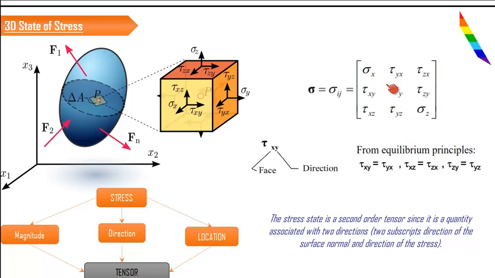The diagonal elements will be the normal ones, sigma x, sigma y, sigma z. And if you take this column as x, this one as y, and this column corresponds to z, then it is easy for you to understand.